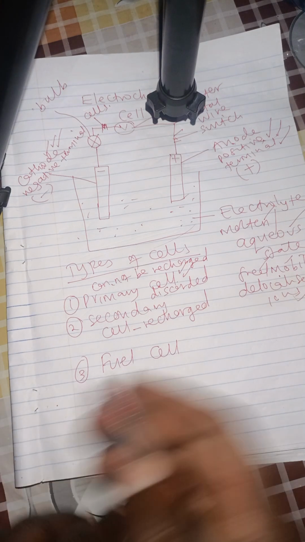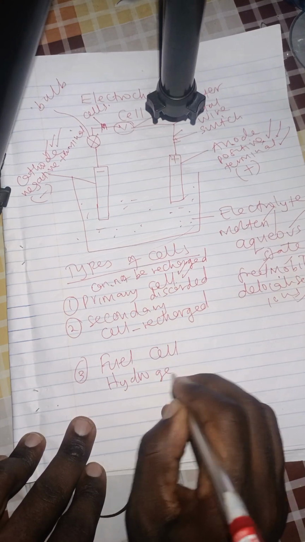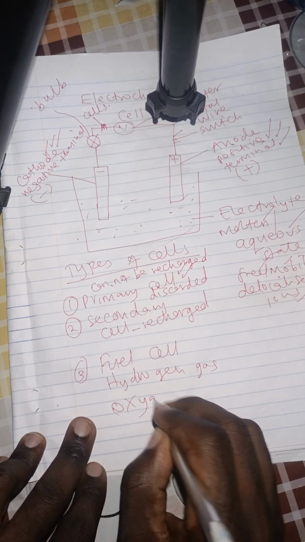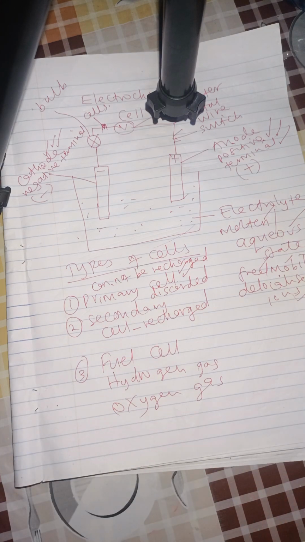A fuel cell will maximize on the use of hydrogen gas and oxygen gas, and this can continuously supply an electric current once these two very important raw materials are supplied or fed into this cell.